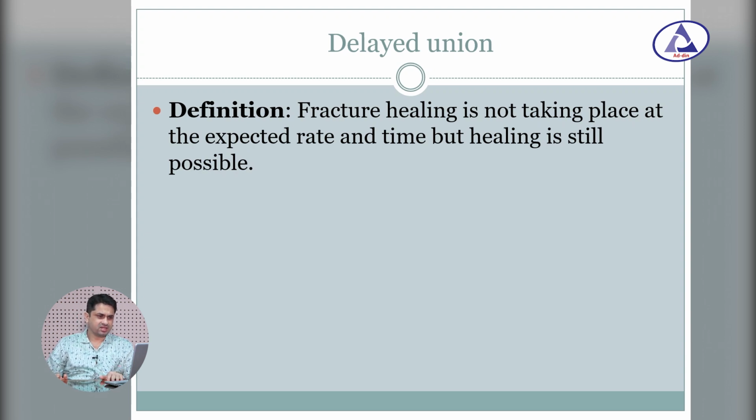The fracture healing is not taking place at the expected rate and time, but healing is still possible. Usually we give a deadline of 6 months for delayed union. Within 6 months, just a little bit of callus may form, and we expect more callus will form. If it's past 9 months, then we may call it non-union.